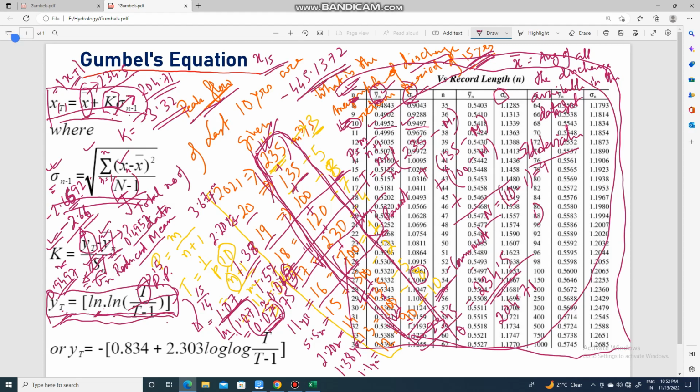As this is the mod value of x15, you can easily cancel out the sign, and say that the magnitude of discharge for a return period of 15 years is 445.1372. This is the Gumbel's equation with which we can find the magnitude of a discharge if return periods are known to you.